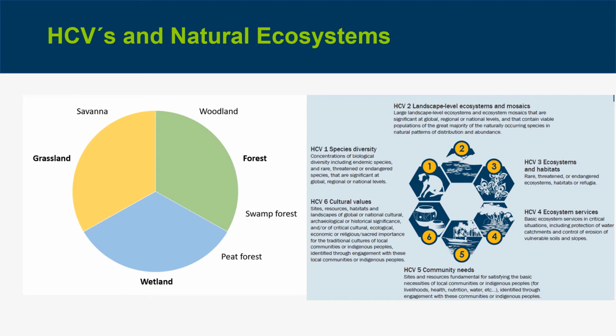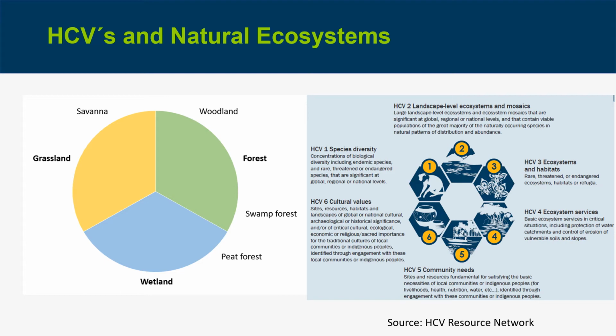The second one, HCV2, are landscape level ecosystems and mosaics, that are large landscape level ecosystems and ecosystem mosaics that are significant at global, regional, or national levels, and that contain viable populations of the great majority of the naturally occurring species in natural patterns of distribution. So national, international, regional levels that are of great importance and that are protected too.